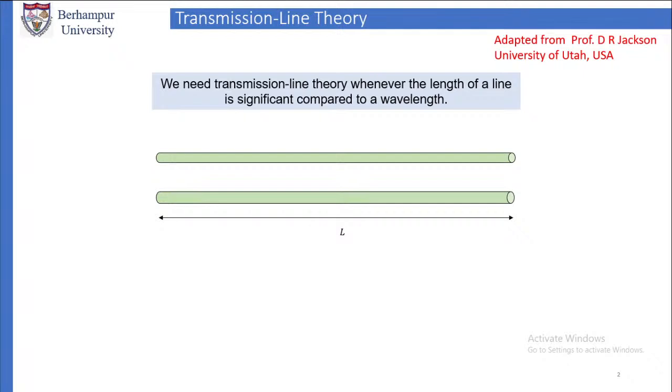So if there are two different points, one point is A, another point is B. For example, at one point you are there, at another point your friend is there.